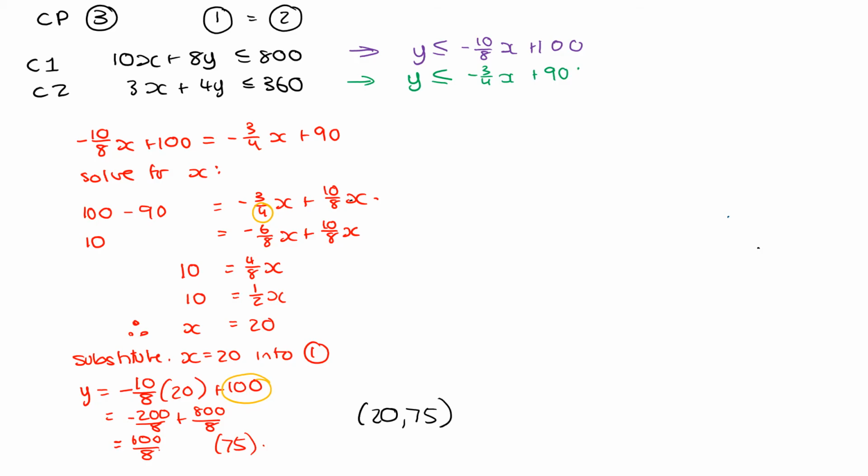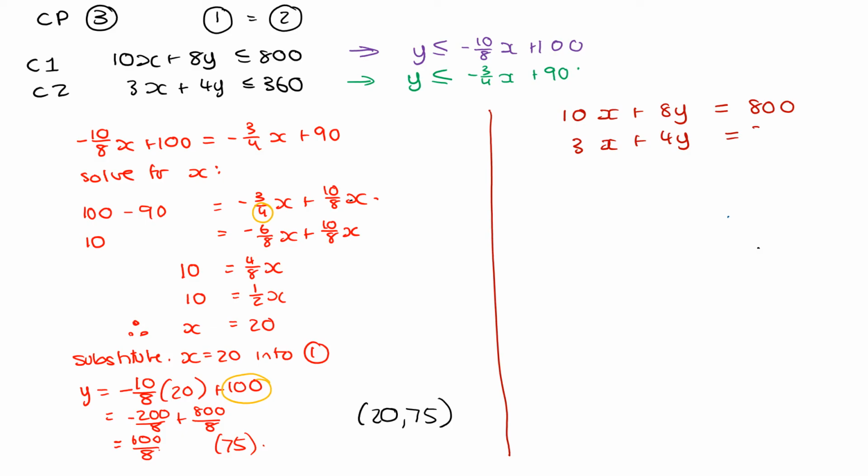Next up, we're going to do a slightly different method to solve for this. We can work directly from our constraint 1 and constraint 2. So I'm doing an alternative method here: we take 10x plus 8y and make it equal to 800, because we are working on the line where it is actually equal to 800, and we have 3x plus 4y is equal to 360.